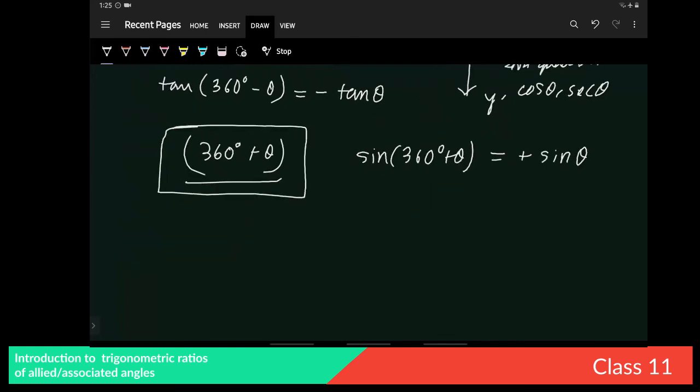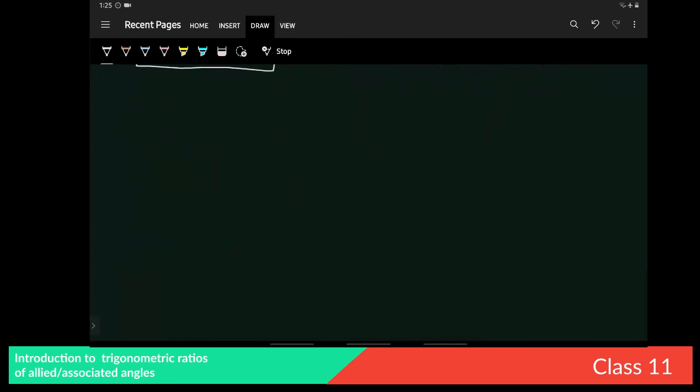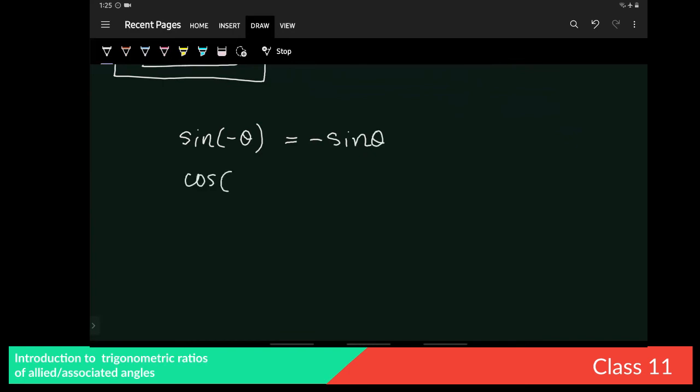Okay. Now next we are coming to a very important thing, you can say it is a formula as well. If the angle theta is negative, what will be its formula? Sine of minus theta is what? It is minus sine theta. Cos of minus theta is what? It is somewhat different from the other ratios.